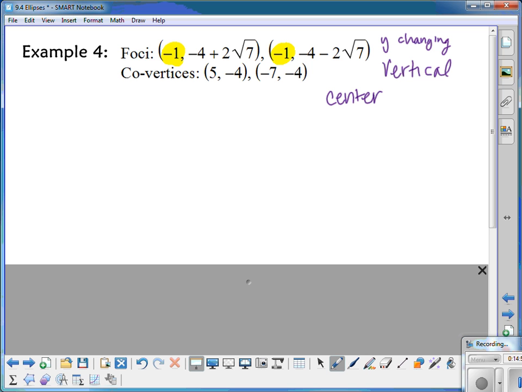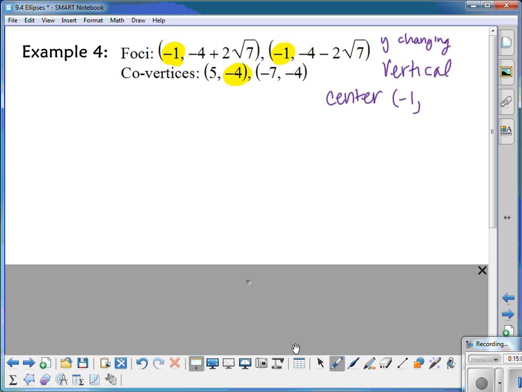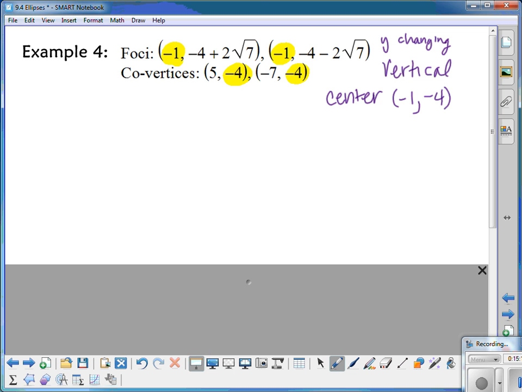And then if I look at the co-vertices, my x is changing and my y isn't, so the center has to be at -4. But again, if you don't see that or can't remember that, you can always graph it and make sense out of it from the picture. Okay?